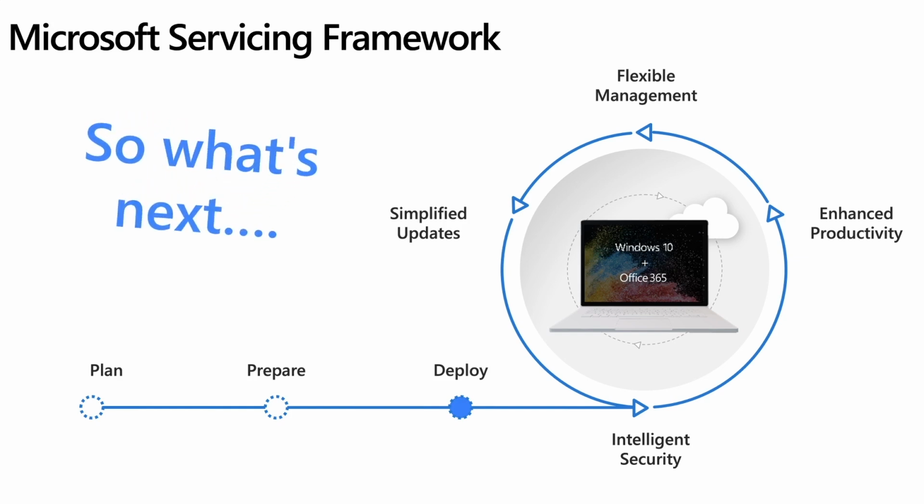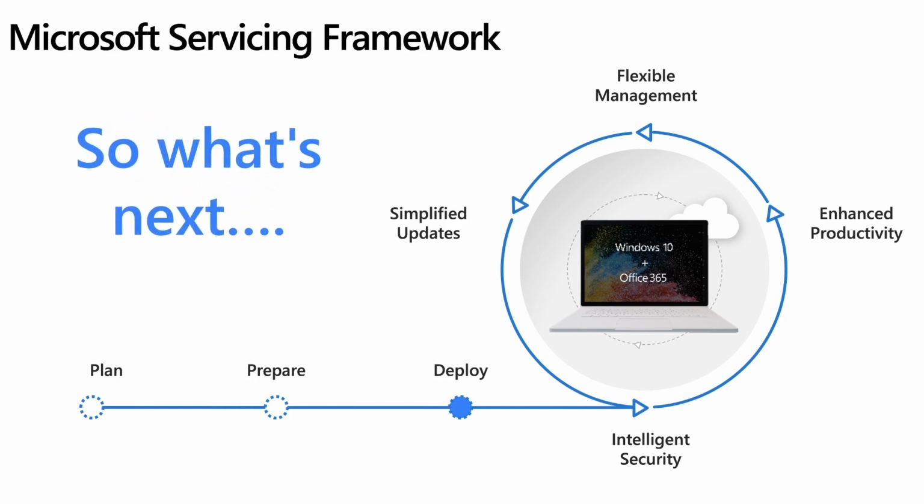So we've talked a lot around what the framework is. We've talked about running a pilot, having some success criteria within that pilot, and getting you to a broad deployment decision so that you're ready to move forward. So what's next in that process? It's very simple.